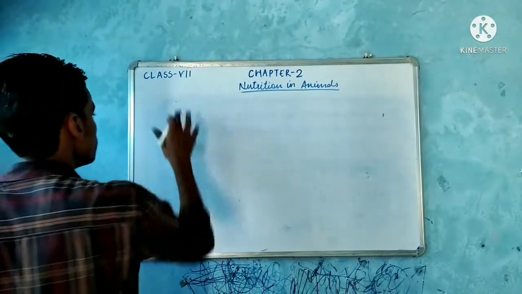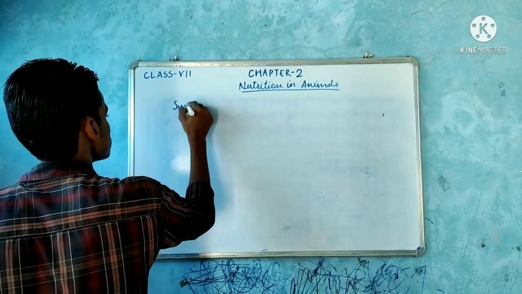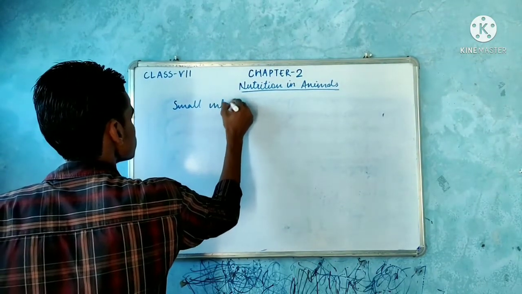The fourth part of alimentary canal is small intestine.